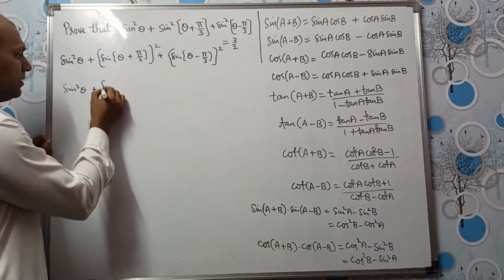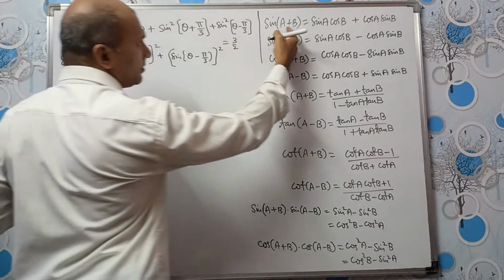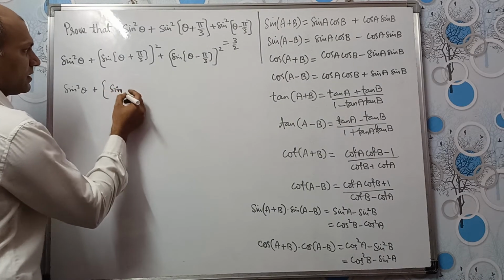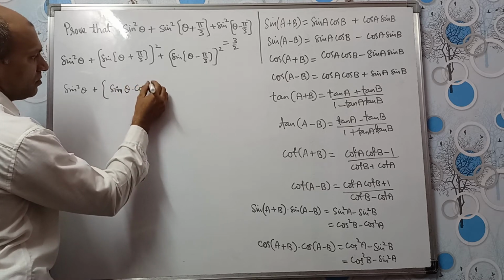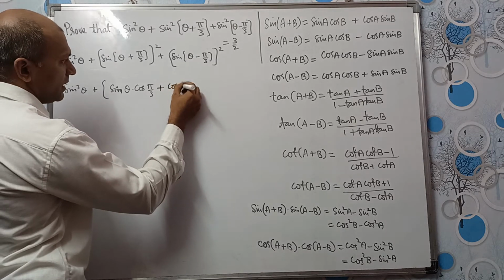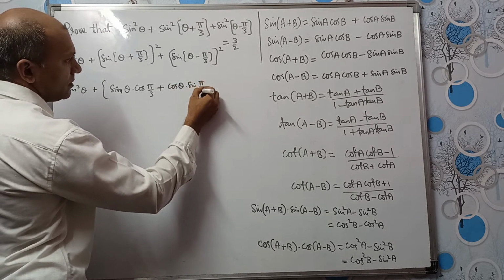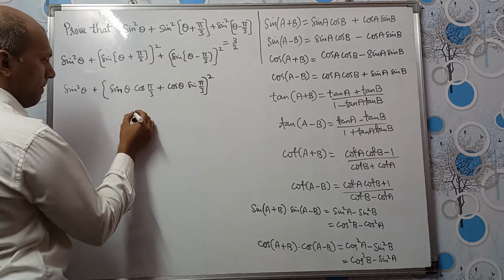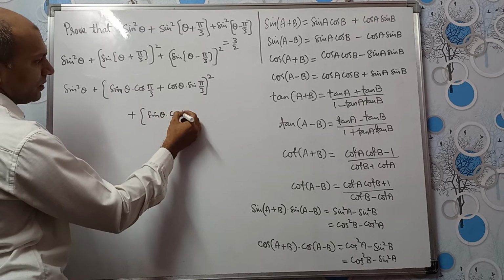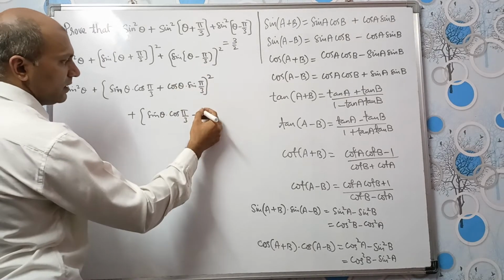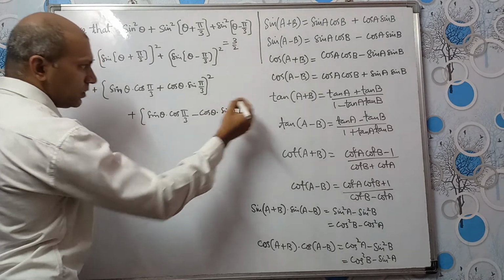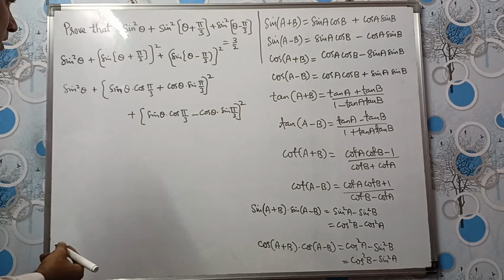This is sine square theta plus sine a plus b, so this is sine a cos b plus cos a sine b, don't forget the square, plus we have sine a cos b minus cos a sine b whole square.